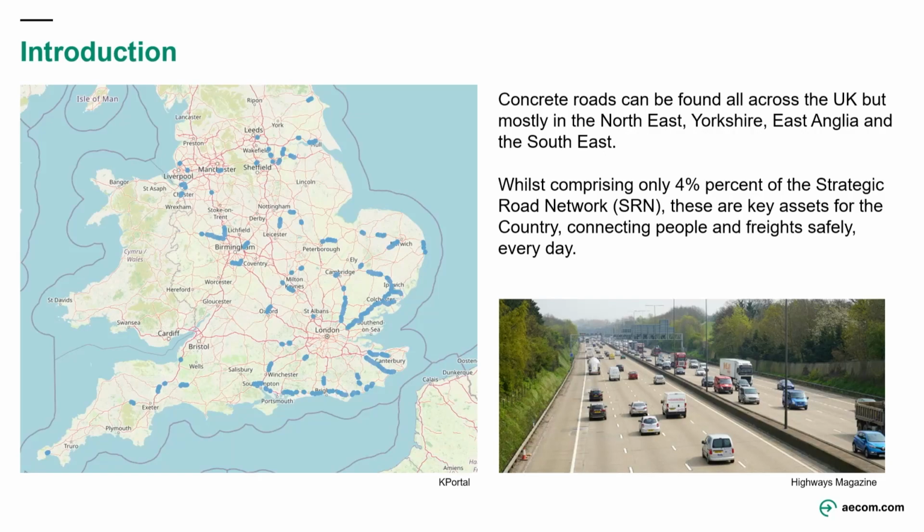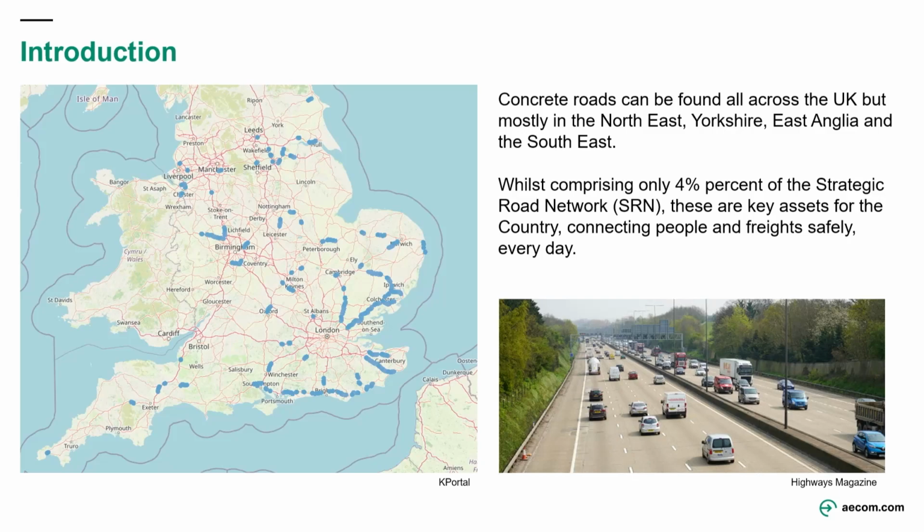So to start from the top, the concrete roads can be found a bit all across the territory of England. But it's a very small percentage comparing to the whole network that National Highways manages. In fact, it's just 4%.